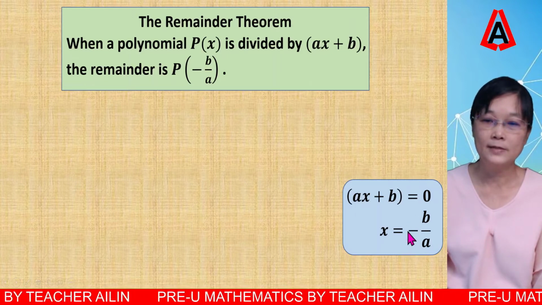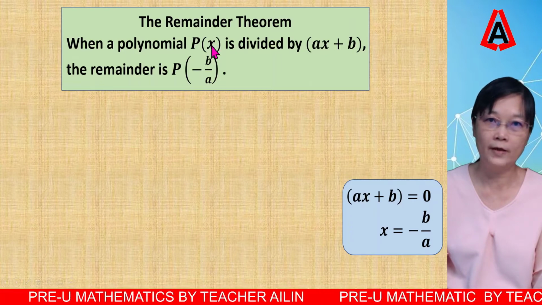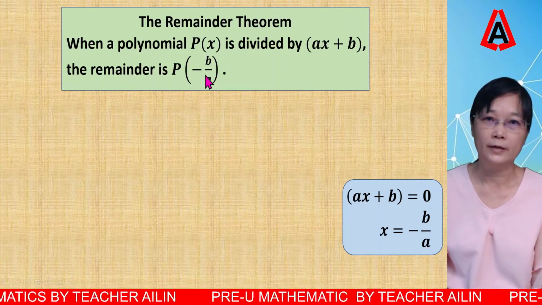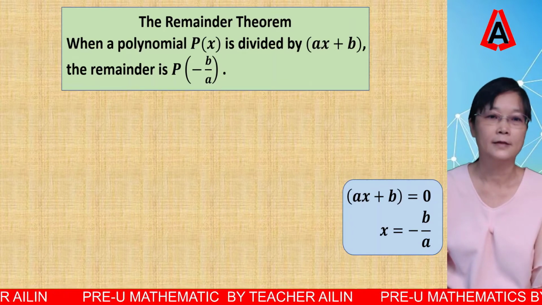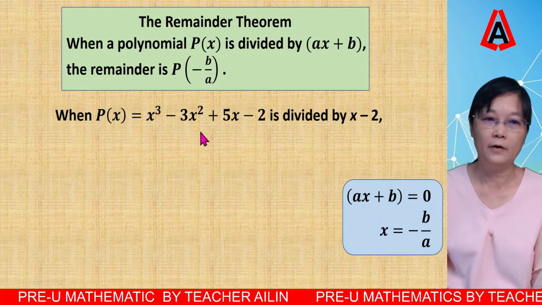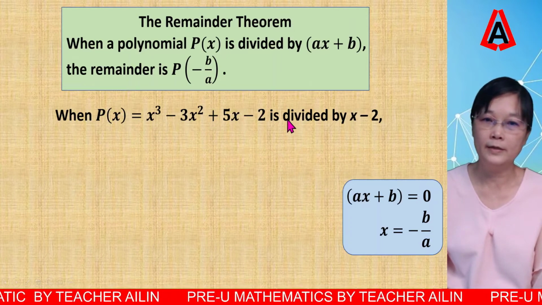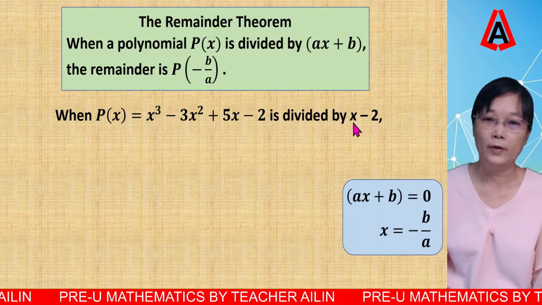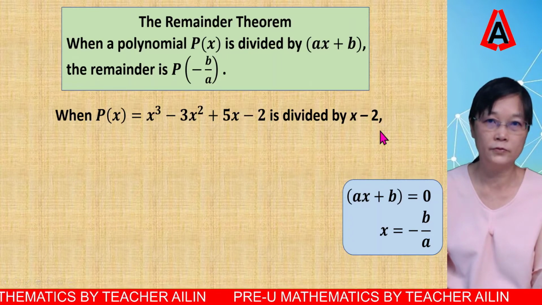So when we substitute this negative b over a for x in the polynomial and calculate, we will get a value, and that value is the remainder. For example, we have a polynomial p(x) here. When this polynomial is divided by x minus 2, when x minus 2 equals 0, x is equal to 2.